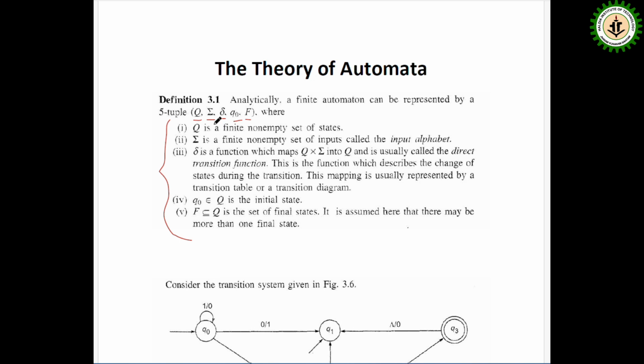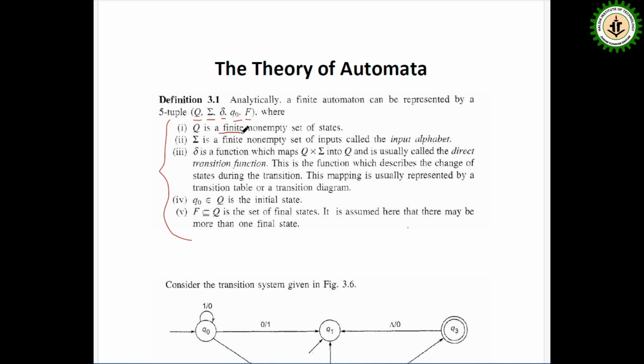Capital Q denotes the whole number of states in a finite automata. As we know, any machine has different states, and these states are denoted as a set, and the set is named capital Q. So capital Q is the set of states, and the condition is it should be finite.